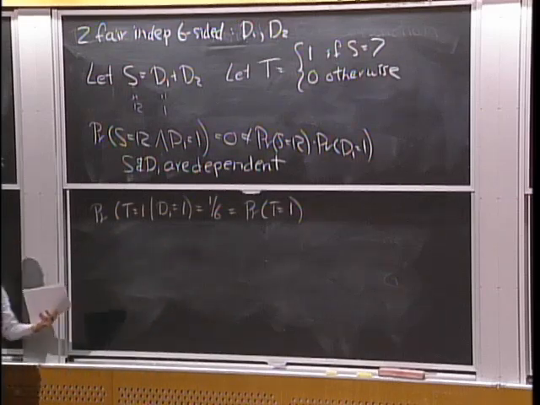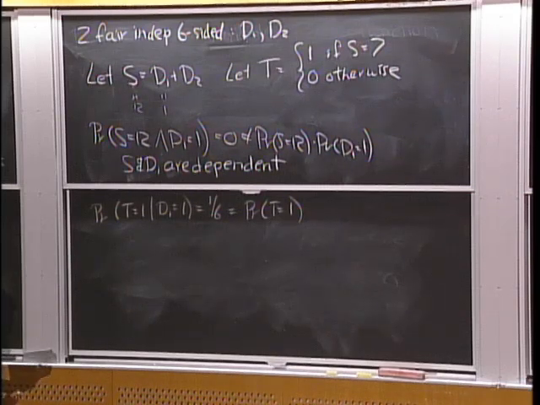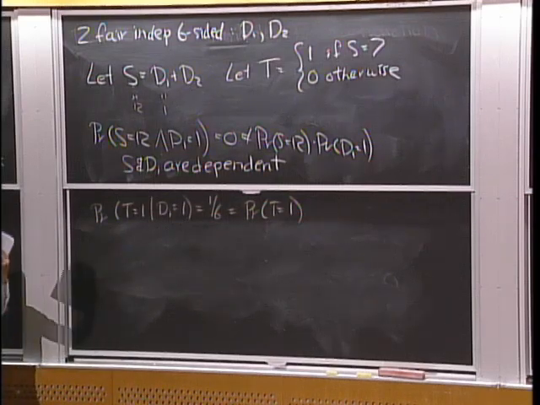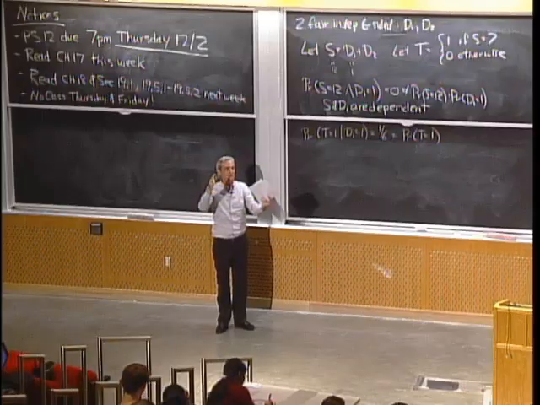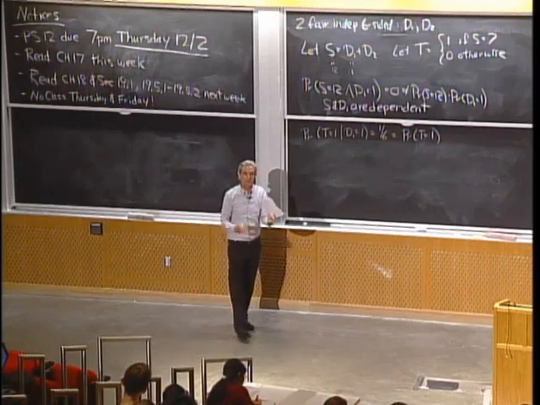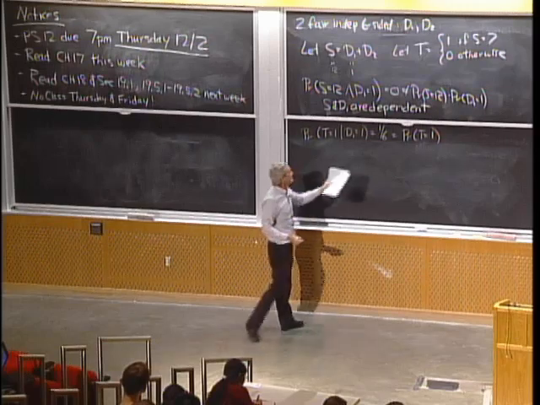What's the probability of rolling a 7? 6 over 36. There's 6 ways to do it: 1 and 6, 2 and 5, 3 and 4, 4 and 3, 5 and 2, and 6 and 1, out of 36 possibilities, equally likely. So that worked here.